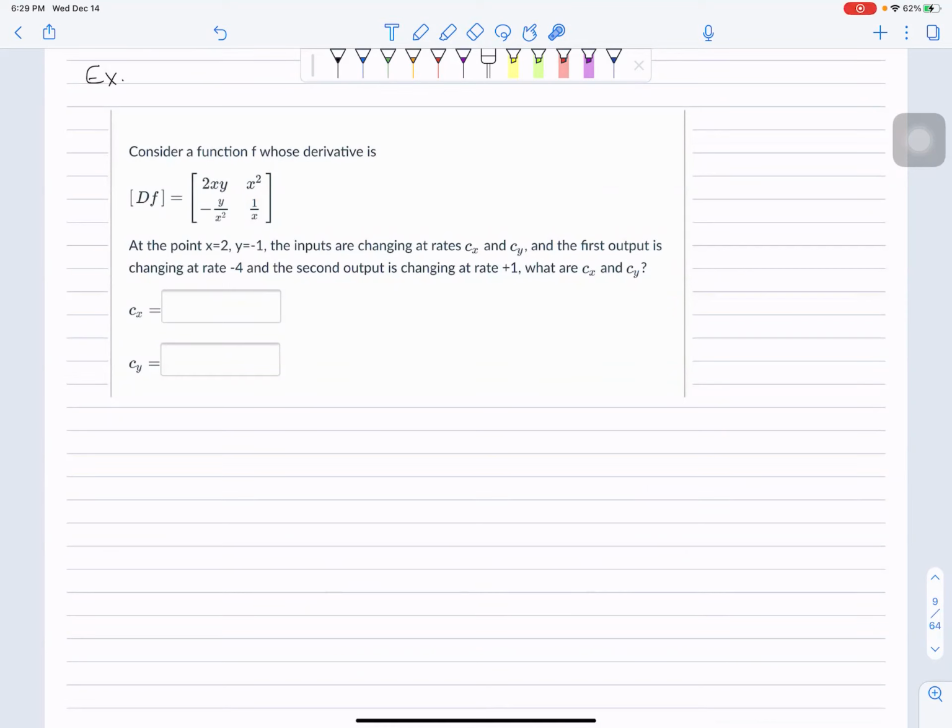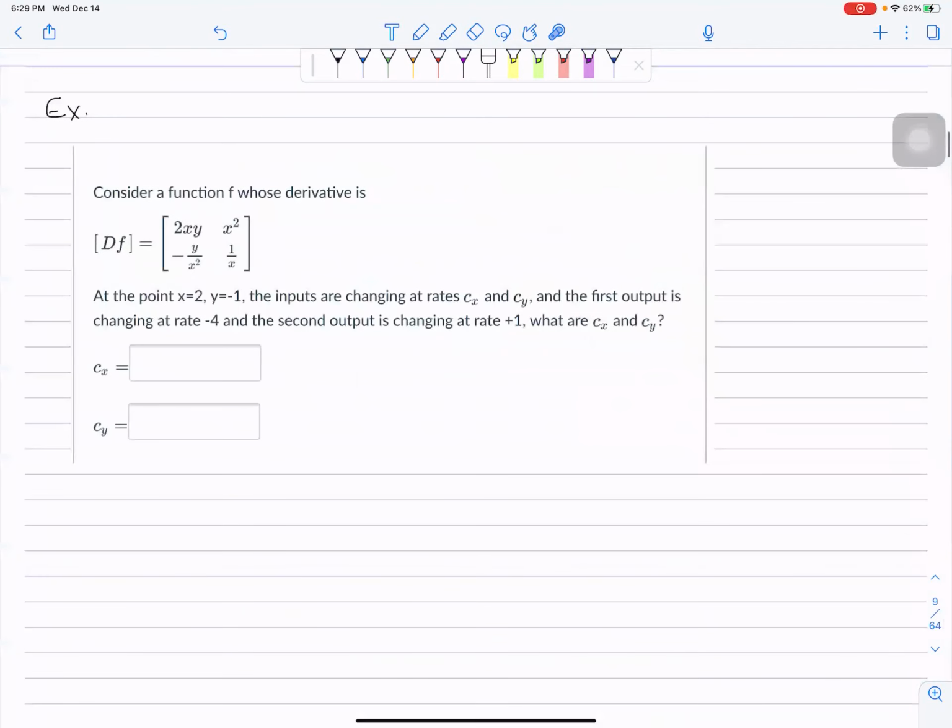So we want to consider a function whose derivative is the following. They say that at the point 2, -1, our rates of change of inputs are Cx, Cy, they don't tell us. And the first output is changing at -4, second output is changing at 1. We want to find what are the rates of change of inputs.